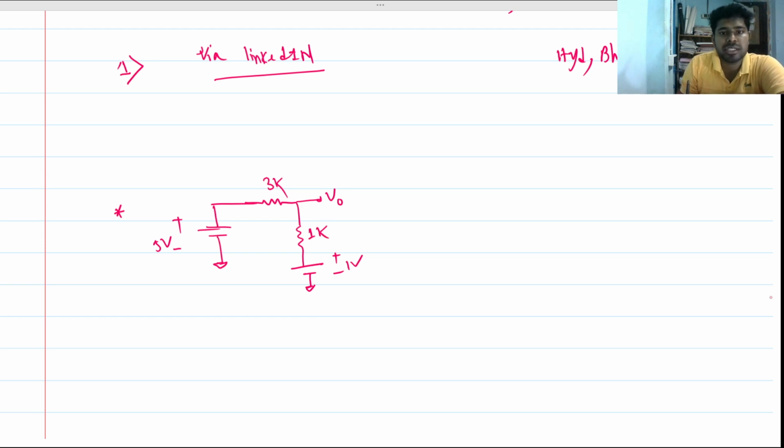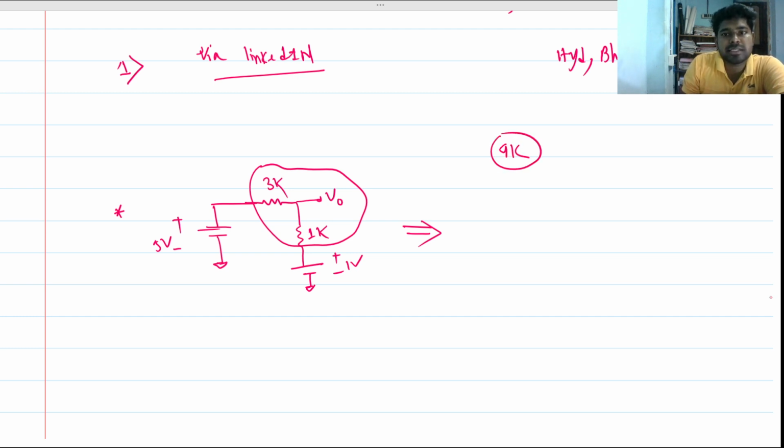I told intuitively: in this section total resistance is 4K, and across this 4K resistance the potential difference is 4 volt, right? 5 minus 1 volt, 4 volts. So with 4K resistance and 4 volt across it, 1 milliamp current will flow through this path.